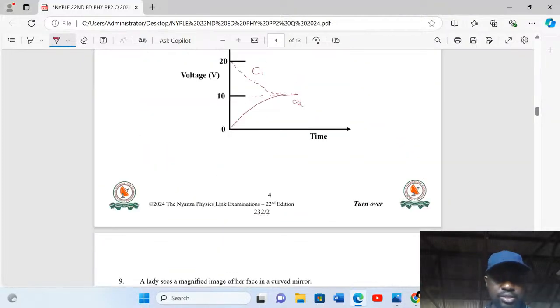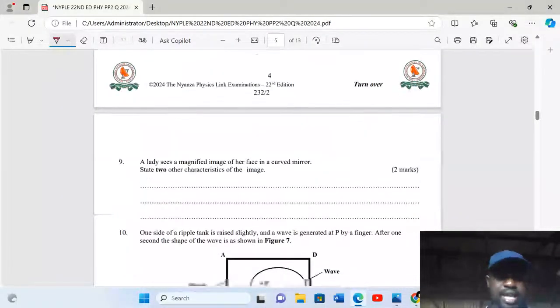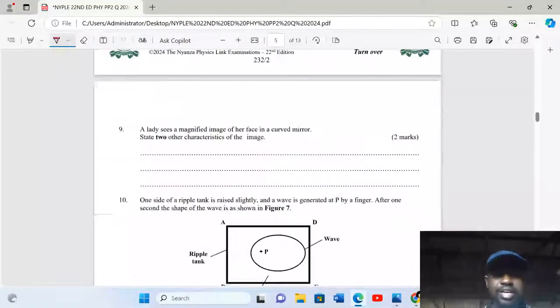The next question: a lady sees a magnified image of a face in a curved mirror. State two other characteristics of the image. The first thing to ask yourself with this curved mirror is which one it is.